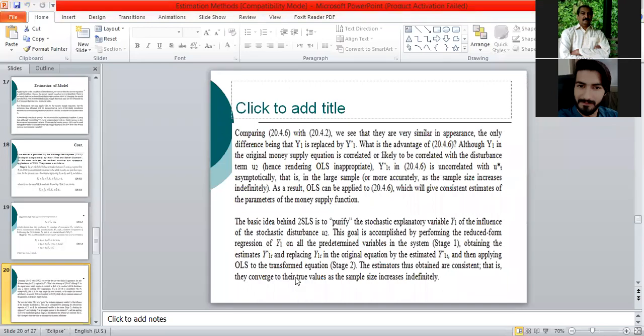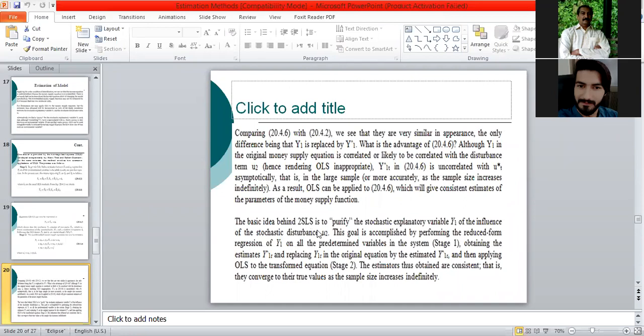By replacing this, we now have an equation in which the estimated Y is not correlated with the error term, and we can estimate it by applying OLS to get the parameters of the structural equation, and the structural parameters achieved are consistent and efficient.